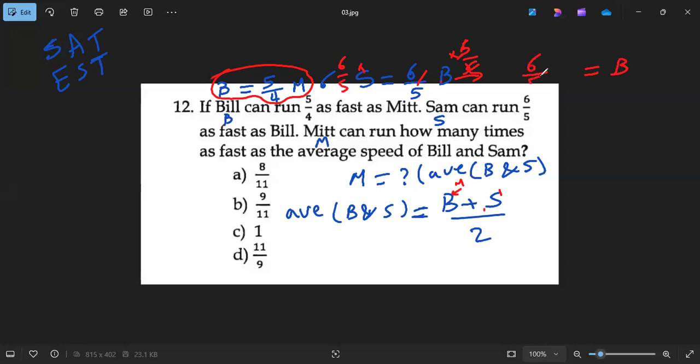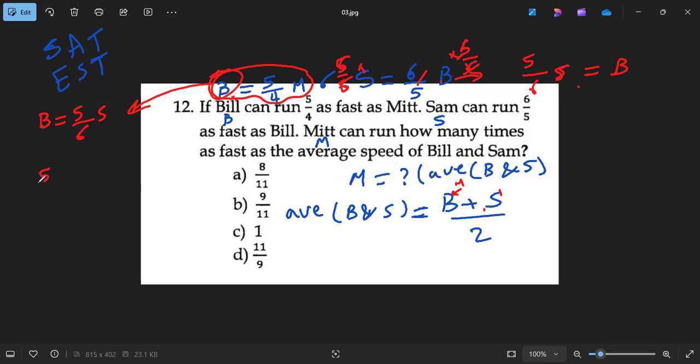I'm sorry, 5/6 S. And this is the first step, by the way. All I need to do is plug in B instead of S here. So B equals, I just got it, 5/6 of S.